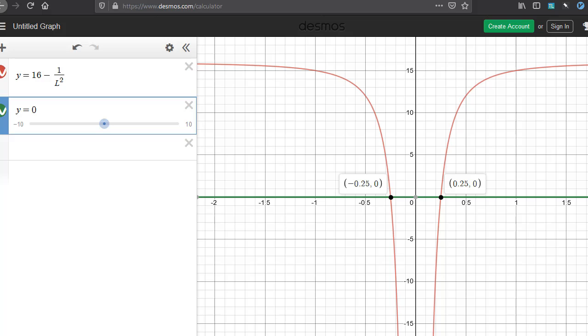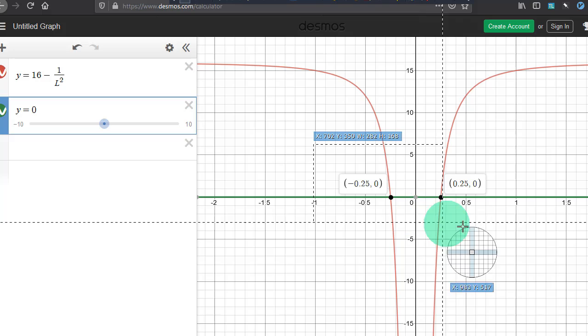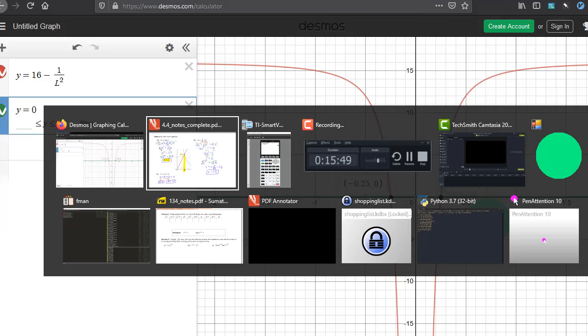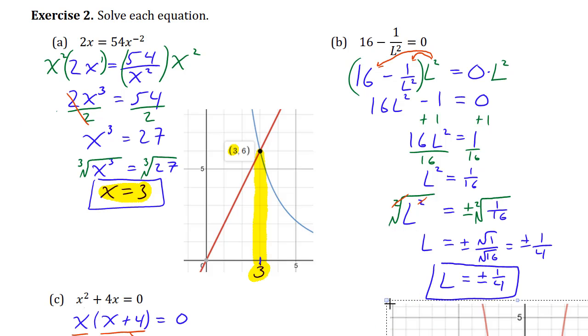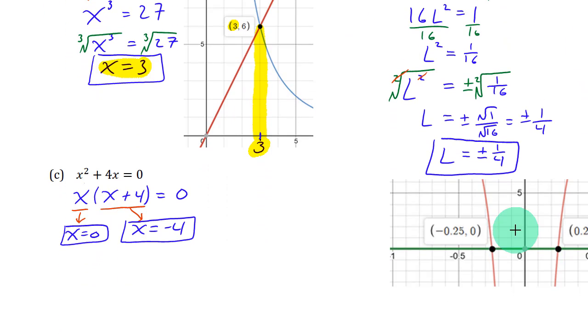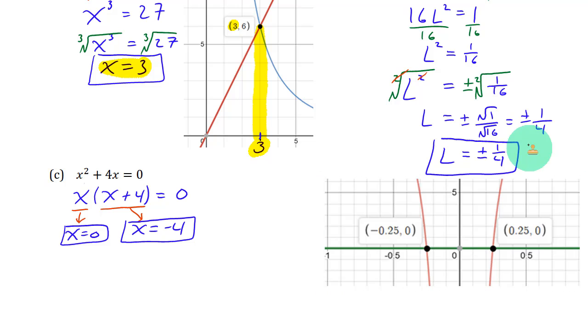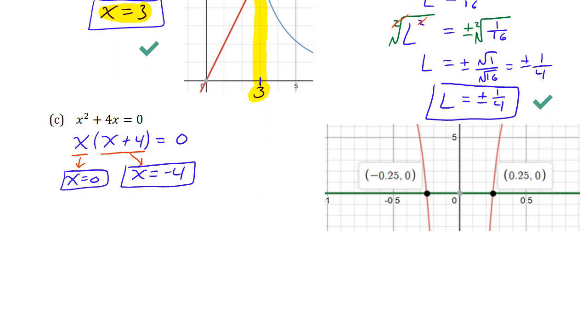So those are the 2 places where those intersect. And 0.25 is another way of saying 1/4. So that sounds good.